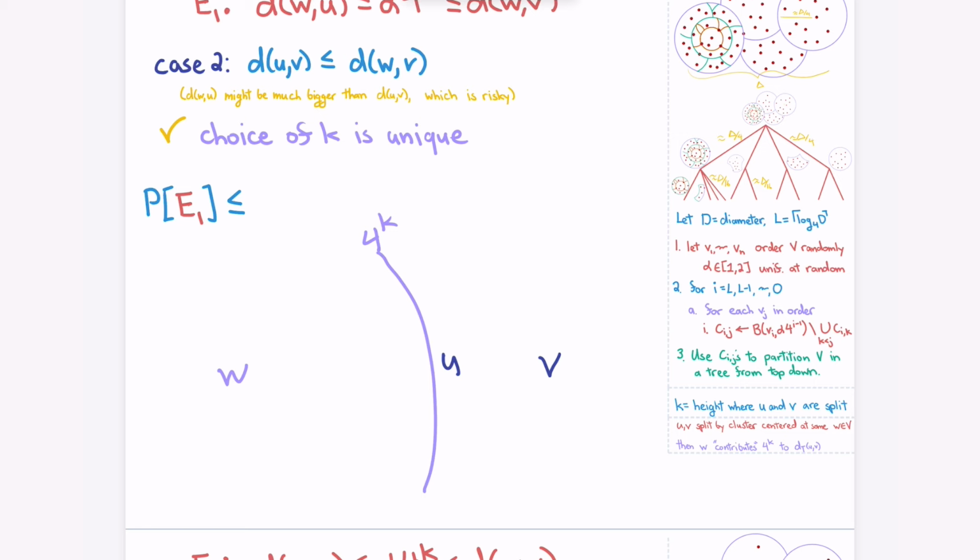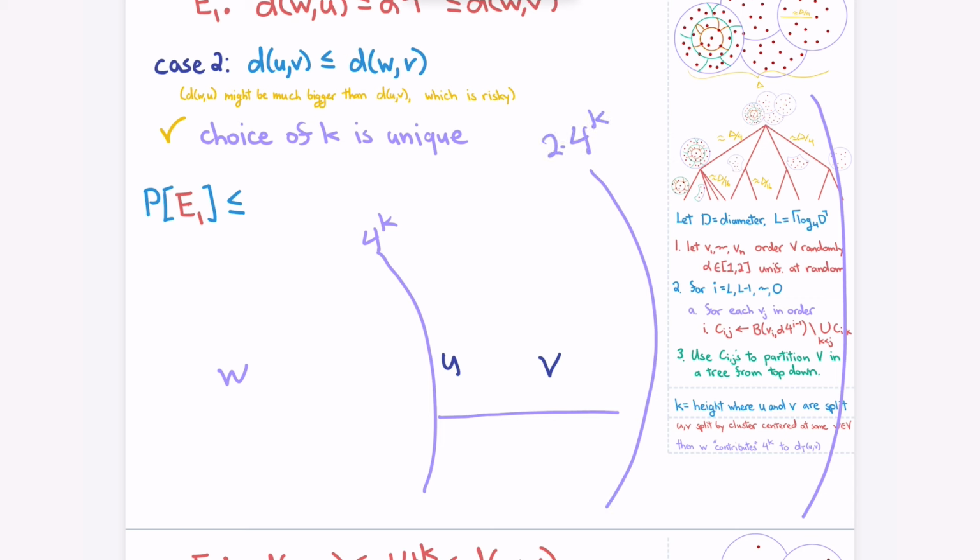Okay, so in the really dangerous case, 4 to the K is already huge compared to the distance from U to V. That's where we're going to overestimate a lot. So you're picking some random distance between 4 to the K and 2 times 4 to the K, because alpha is chosen between 1 and 2 uniformly at random.